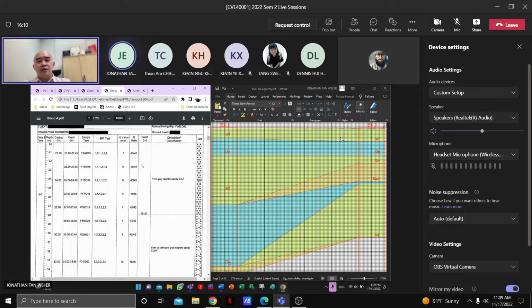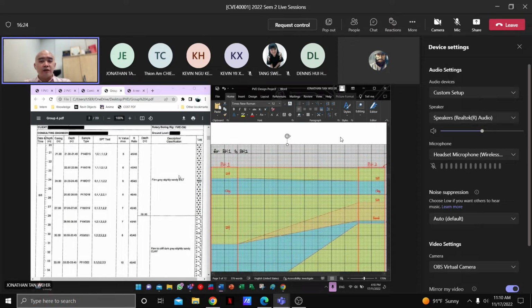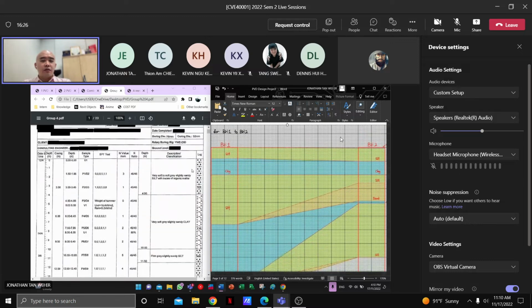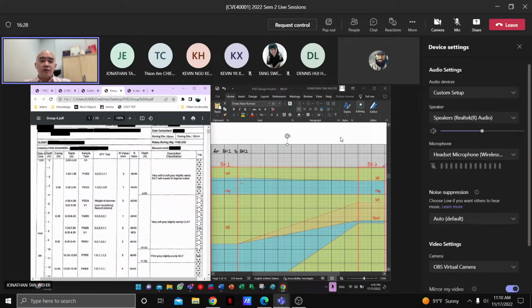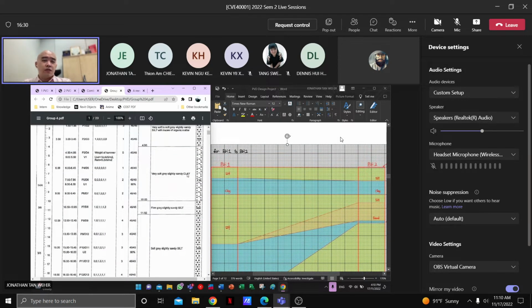Same goes for the firm silt. Correct. So what I'm saying is that your soil profile is not showing enough information. You don't know which layers are consolidating. Just because it says silt or clay doesn't mean that it consolidates.